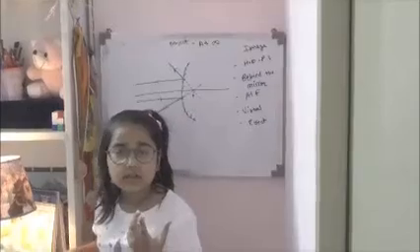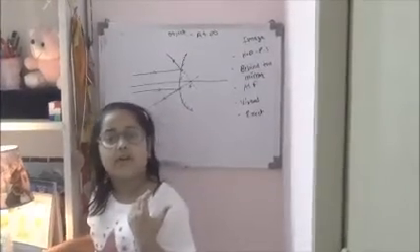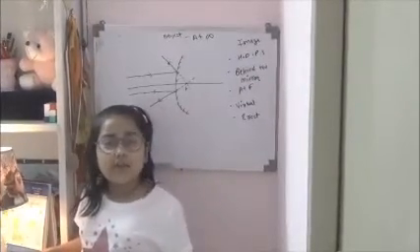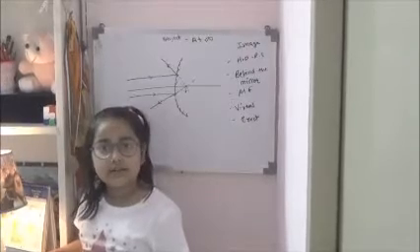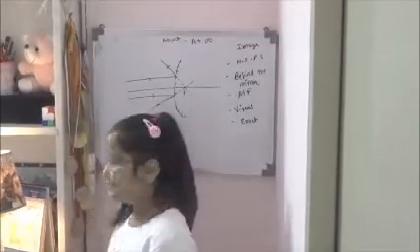Now, you must be wondering that if the image is highly diminished and point sized, then how can we prove that the image is virtual and erect? Let me clarify your doubt.